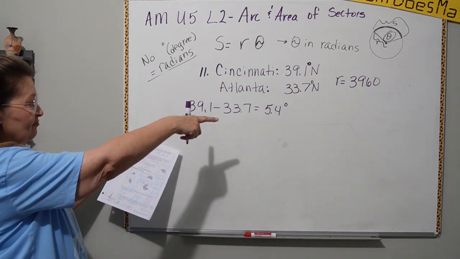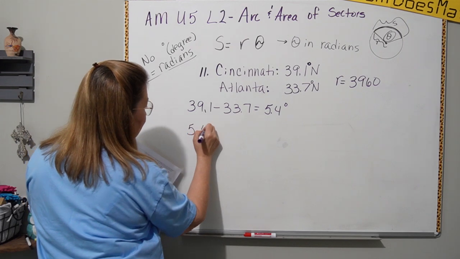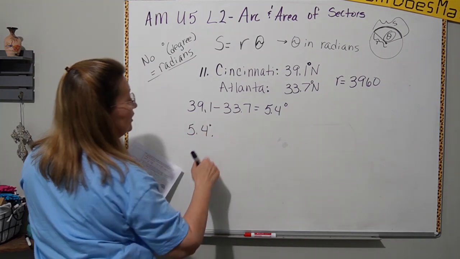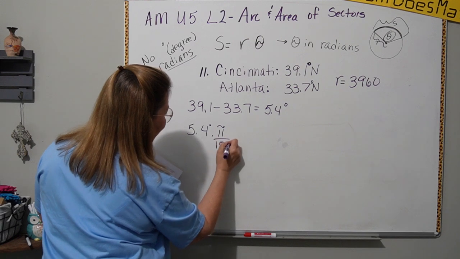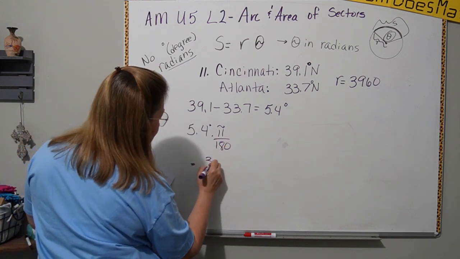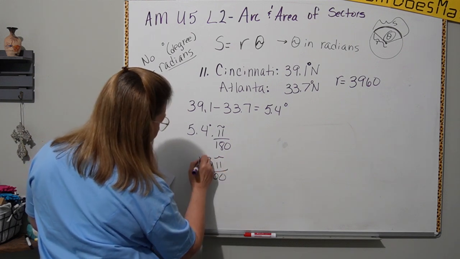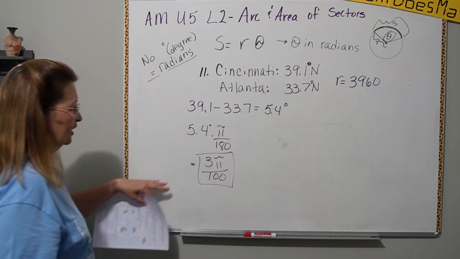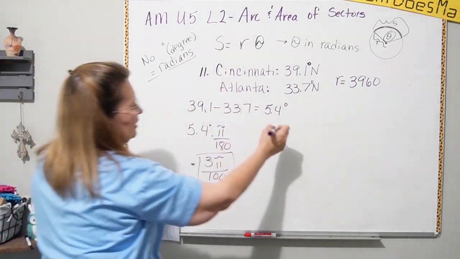Okay, I already have my radius, but this is in degrees, so the first thing I'm going to do is change 5.4 degrees to radians. So I'm going to multiply that by pi over 180. Multiplication and simplification will get me 3 pi over 100. Okay, so this is the theta in my formula.